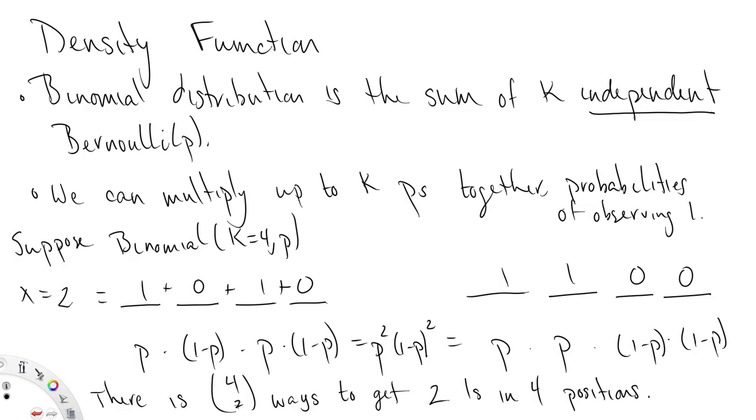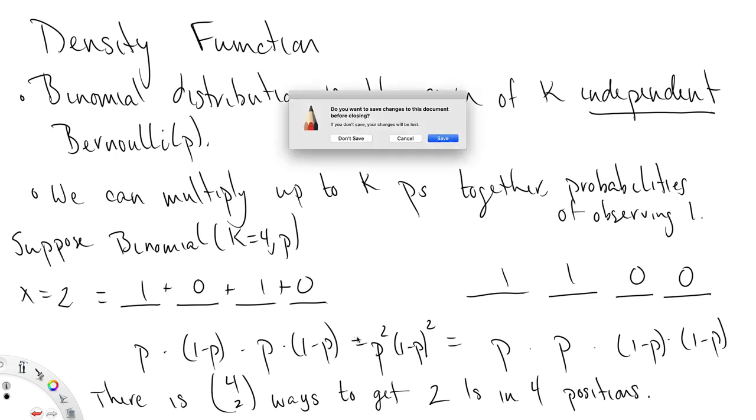There are 4 choose 2 ways to observe x equals 2, each of which has the same probability, p to the second times (1 minus p) to the second. This is going to be the start to our intuition for the density function for the binomial.